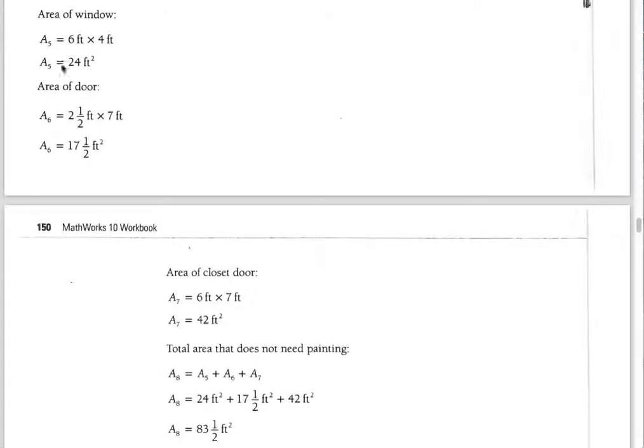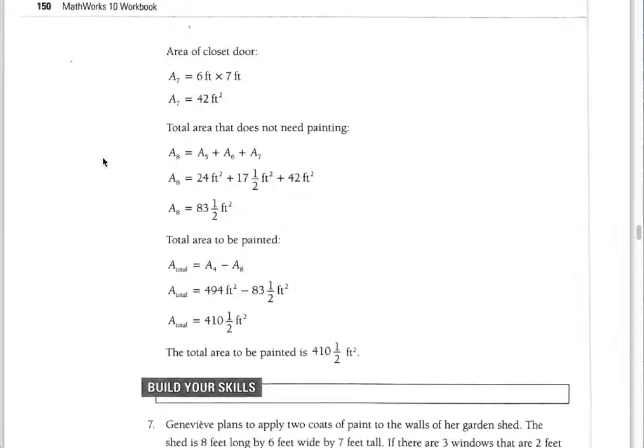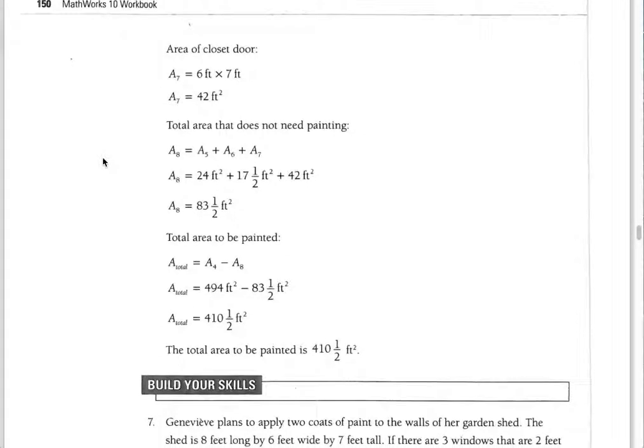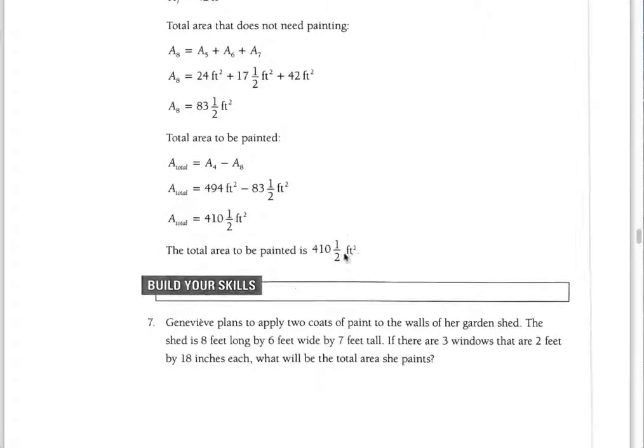So the area of the window is 24, door 17.5, closet 42. They're adding the three of them together to 83.5, and now they subtract that from the 494, and they get their answer, 410.5 feet squared. That will be the area having to be painted.